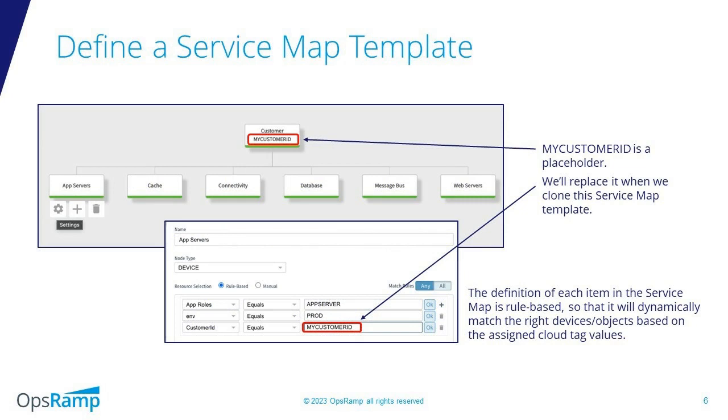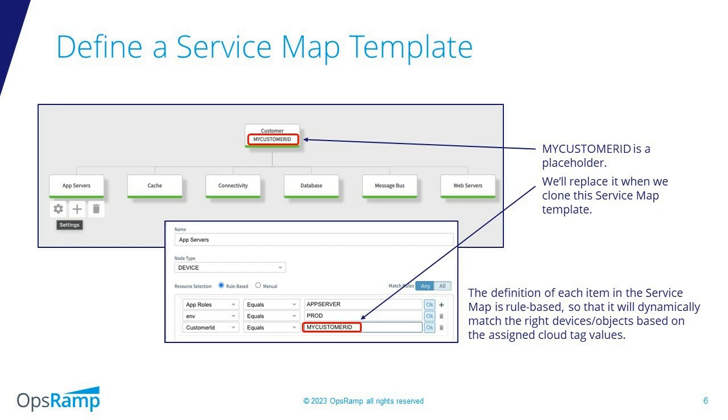Well, when we're defining a service map, we have the ability to not just statically assign things to these different services, these different boxes in the service map. We have the ability to use these different custom attributes and dynamically filter based on criteria that we specify for these custom attributes.